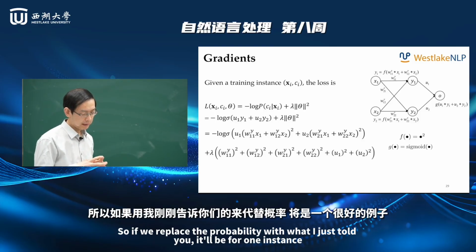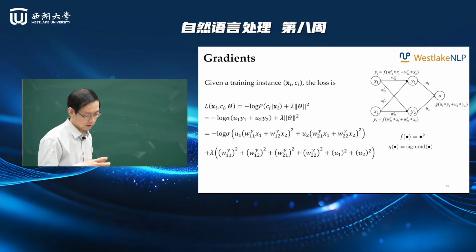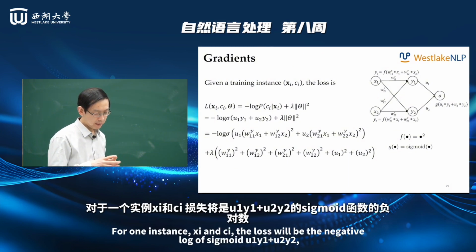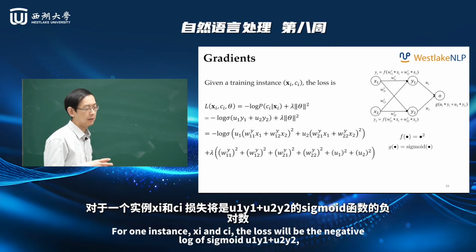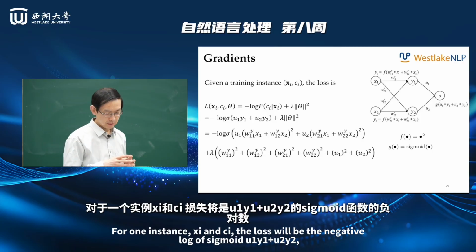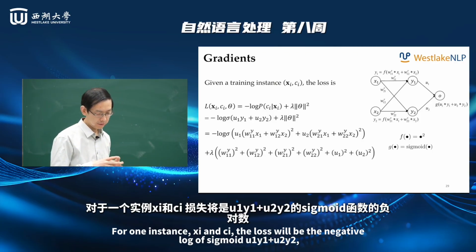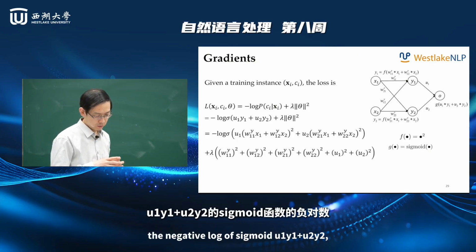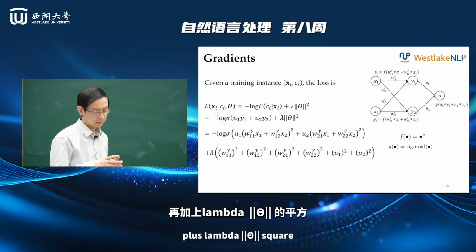If we replace the probability with what I just told you, for one instance, xi and ci, the loss will be the negative log of sigmoid of u1y1 plus u2y2, plus lambda theta squared.